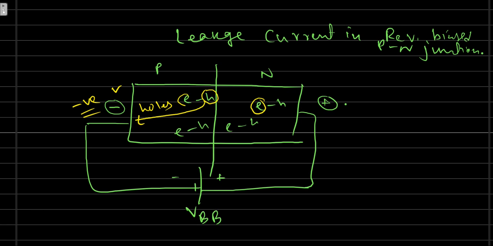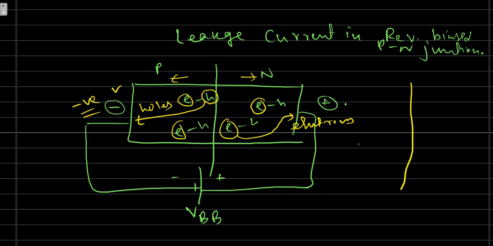Similarly, the thermally generated electrons in the structure will move towards this side. So electrons are moving towards this and holes are moving towards this. Ultimately, in reverse bias also you will get a small amount of current, because the current you are getting is entirely due to these thermally generated carriers. Of course they are very small in number, so the reverse current is negligible compared to the forward bias.